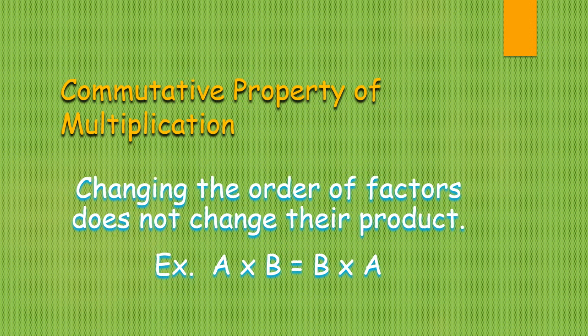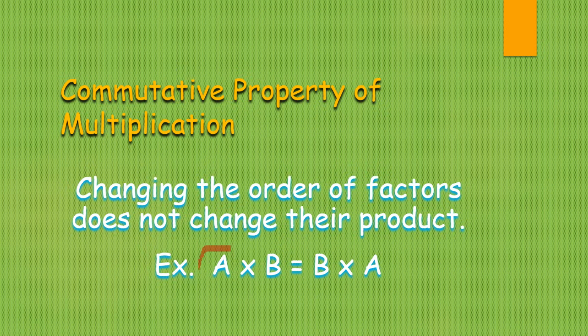Commutative property of multiplication. When we change the order of factors, it does not change their product. That is, changing the order of factors does not change their product. Let's see here example. First I kept A into B, right?